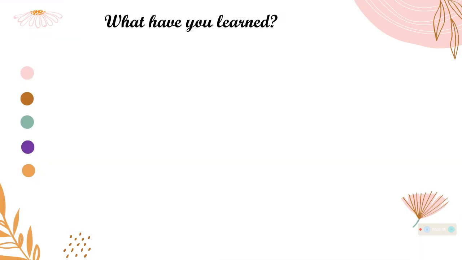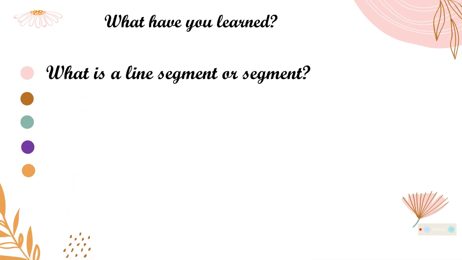Let us see if you have learned something in our video. Let us answer what you have learned. For number 1, what is a line segment or segment? A segment is a part of a line consisting of 2 points and all points between them. It has 2 endpoints.